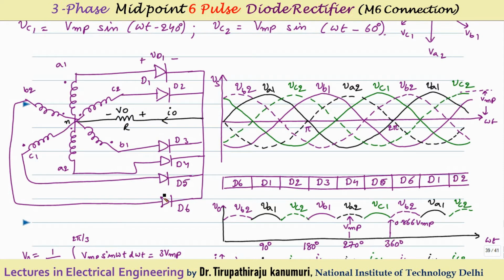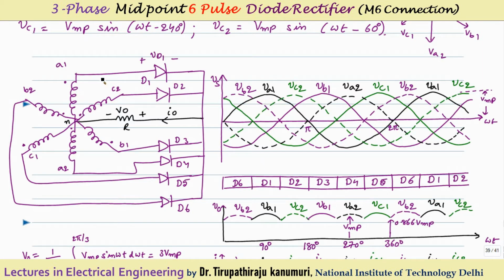So which diode will conduct? Out of these diodes, whichever anode terminal is more positive compared to the remaining voltages will conduct automatically. Out of these waveforms, VB2 has the maximum value. VB2 is connected to diode D6, so diode D6 will conduct here. After some time, VA1 will conduct.